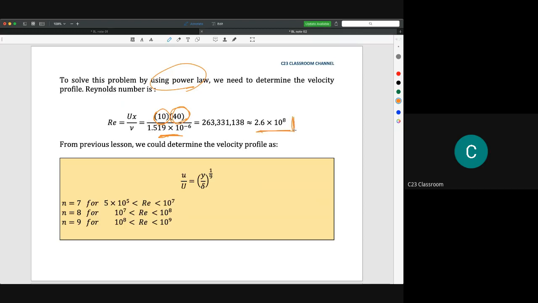So we assume that here u over U is y over delta to the power of 1 over 9. Please make sure that you understand that 10 to the power of 8 here is actually 1 times 10 to the power of 8 until 1 times 10 to the power of 9. So 2.6 is here, which means we take the value of n equal to 9.